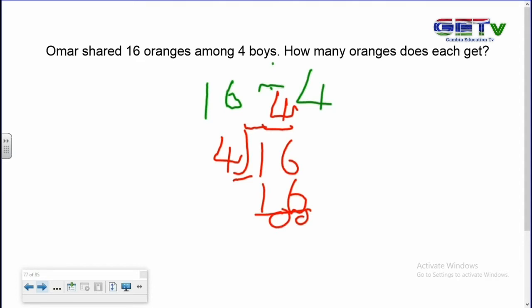So it means 16 divided by 4 is equal to 4. Each boy received 4 oranges.